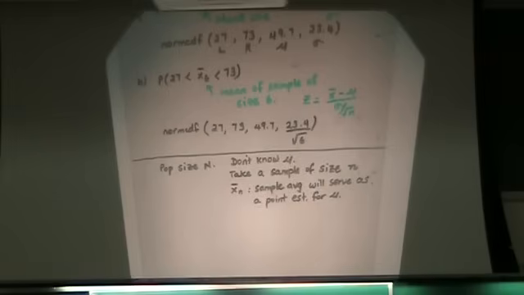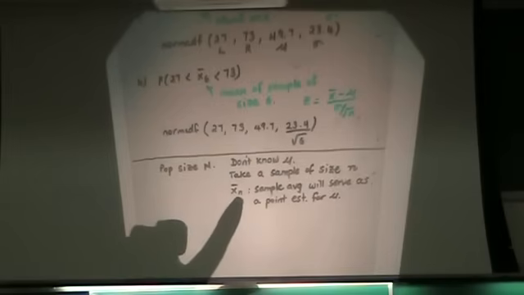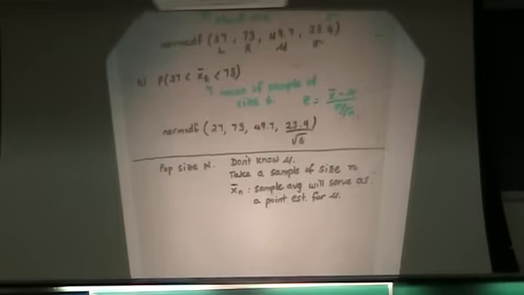Does that make sense? So maybe I'll take a sample of size 10 from amongst you folks, and then I will observe the average x bar 10, and then whatever x bar 10 is, that's my estimate for mu. Agree? So that's the first thing you have to know.